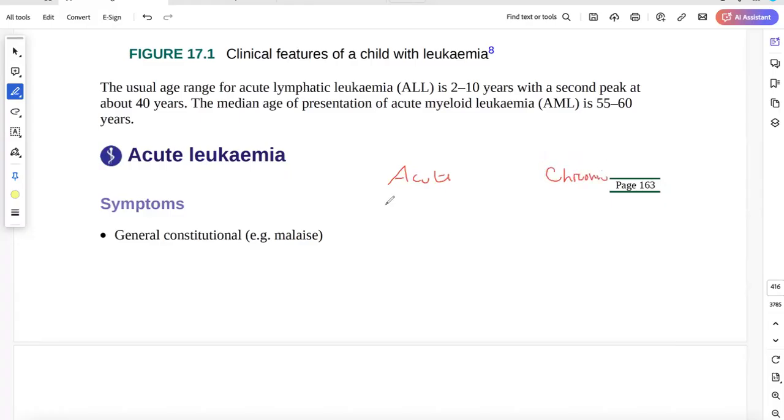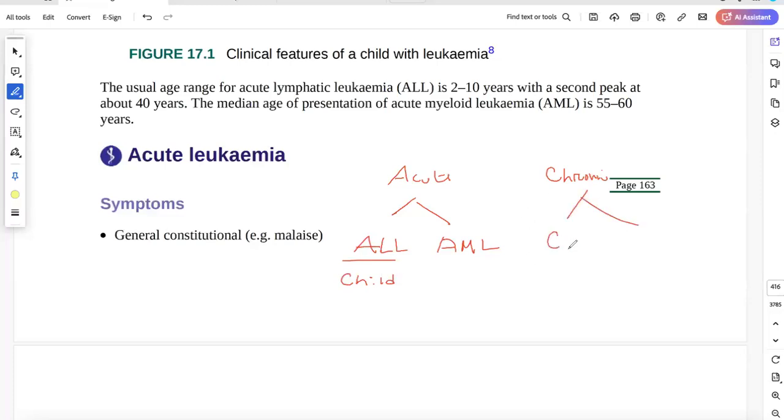In acute leukemia, we have acute lymphoblastic leukemia, where lymphoblasts will be abnormally proliferated. And then we have acute myeloid leukemia, where myelocytes will be the abnormal white blood cells which will be proliferated. Acute lymphoblastic leukemia is mainly common in children. Okay, all other leukemias are common in adults.